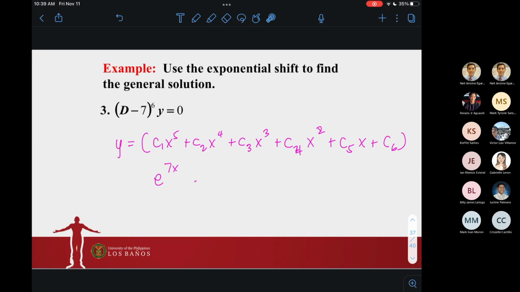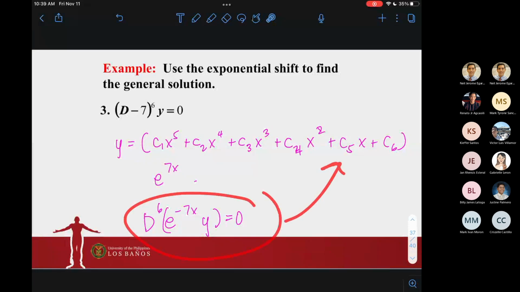Pero of course, sa midterm exam, dahil hindi siya face-to-face, kailangan makita ko lahat ng solution. Alright? Kailangan nyo ipakita yung step-by-step solution dito. So basically, kailangan nyo ipakita kung ano yung minultiply nyo both sides, yung pagkaka-apply ng exponential shift. Tapos pag nandoon na kayo sa D to the 6, e to the negative 7x times y equal kay 0, pwedeng after nito, ito na kaagad yung kasunod.